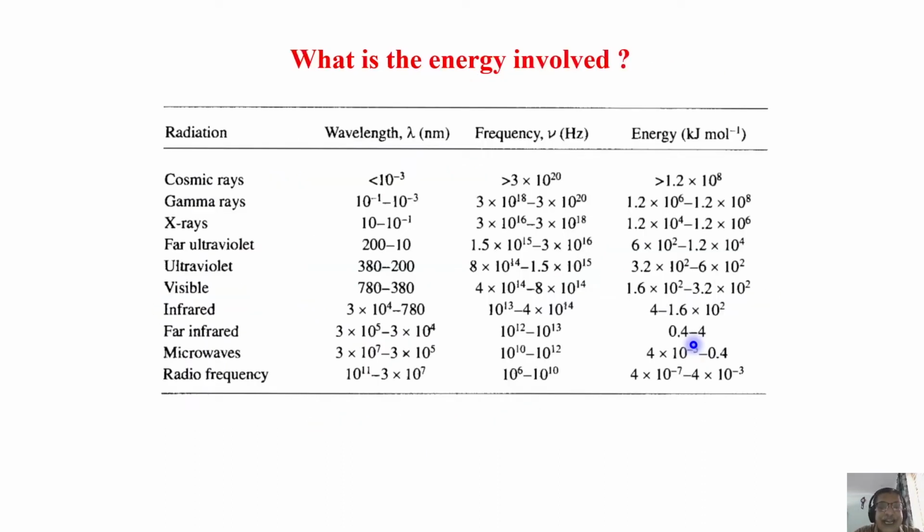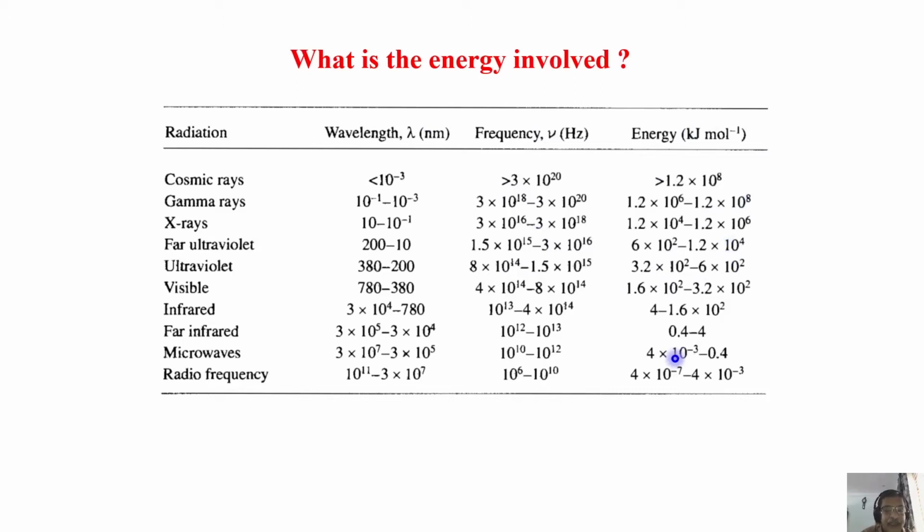Now, what is the energy involved? Look at this table where varieties of spectroscopic techniques are in the electromagnetic spectrum. Varieties of frequency ranges have been given, and of course wavelengths and frequencies have been classified, which all of you know. Energy of interaction is another important thing.